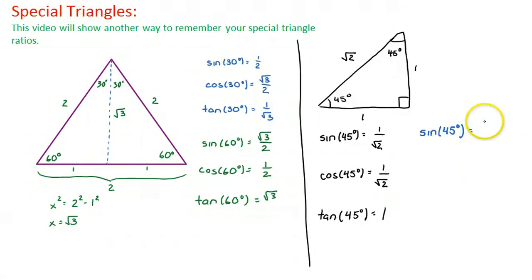So if I have sine of 45 degrees is 1 over root 2, I can multiply by root 2 over root 2. That's all I'm doing. So that becomes root 2 over 2. And that's the same thing for cos of 45 degrees. It's equal to root 2 over 2.